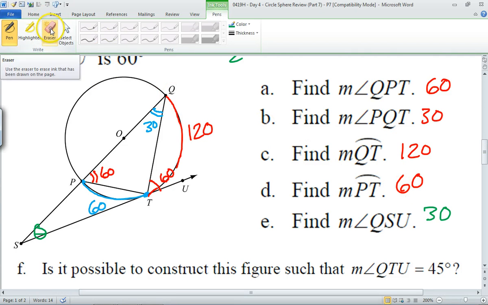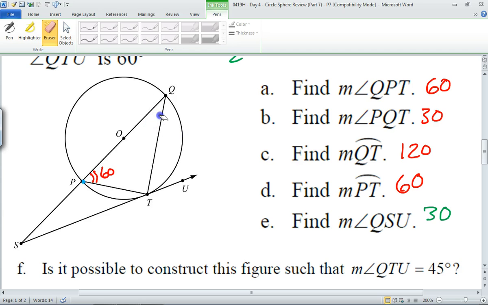The question for F is: is it possible to draw this picture so that QTU is 45 degrees? Let's investigate that. Let's start from the assumption that QTU is 45 degrees and see what happens. Remember, QTU is this angle right here.